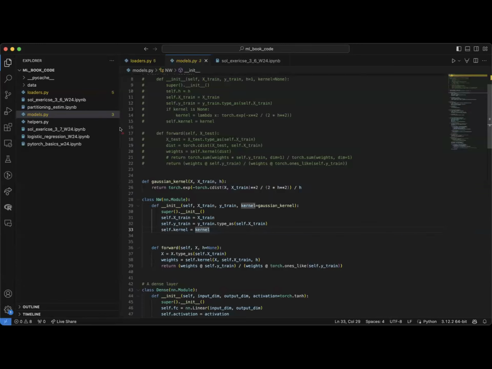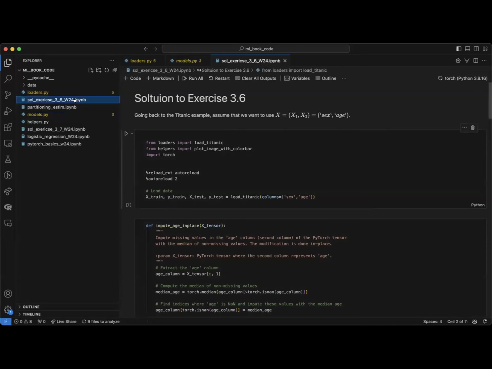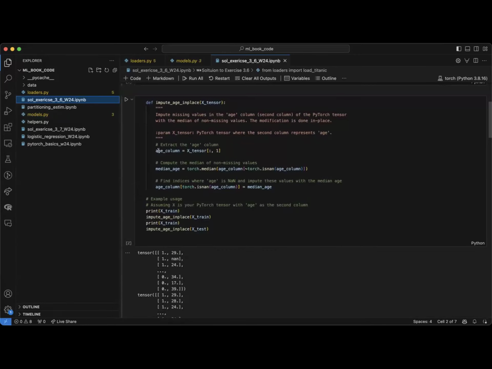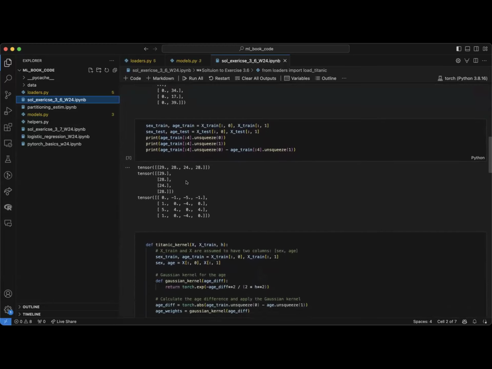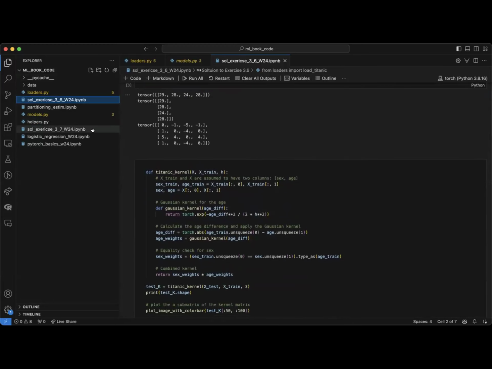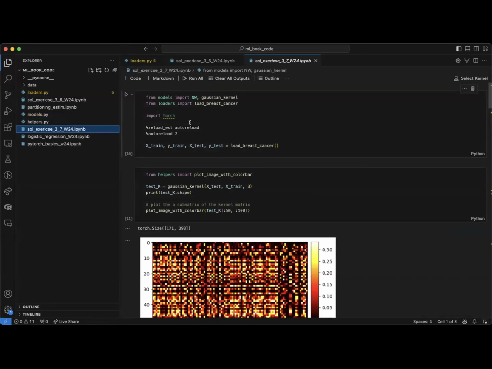So let me maybe show you one example. This is used in this solution, which is a little bit more tricky. I'm not sure if we have time. Let me tell you about this first. This is the breast cancer data.